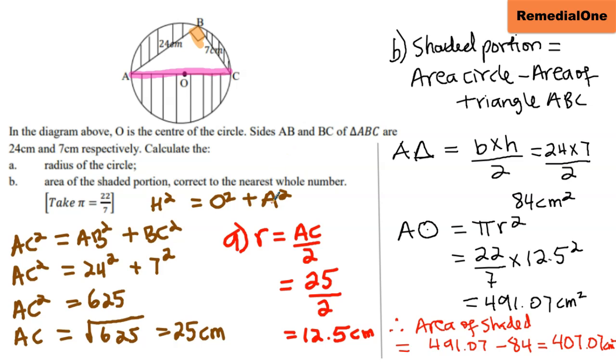But the question wants us to round to the nearest whole number. So the nearest whole number is 407. The whole part is 407, and the rest is the decimal part, so the answer is 407 centimeters squared. And this will give you the full marks that you needed.